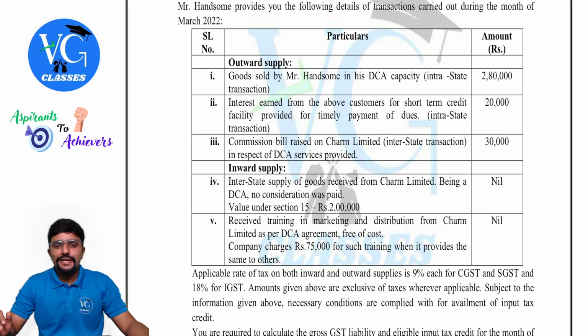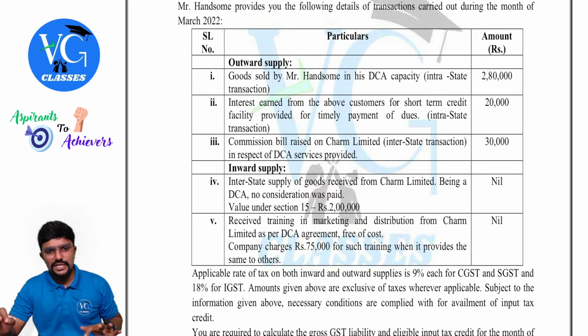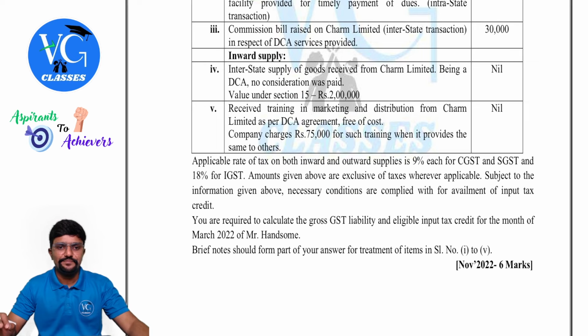Received training in marketing and distribution from Charm Limited as per DCA agreement, free of cost. Training, so no consideration. The company charges 75,000 for such training when it provides the same to others. Now they are not charging any amount to the agent.